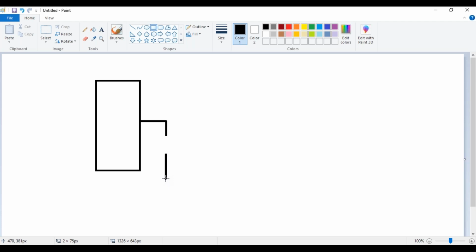So this is how a switch is represented, with two notches and a standing line. Okay, this is a switch. One end of the switch is connected to the microcontroller, and another end of the switch is connected to ground.